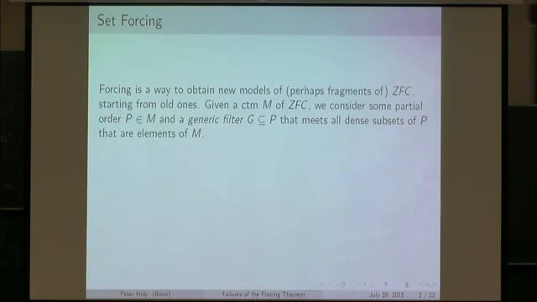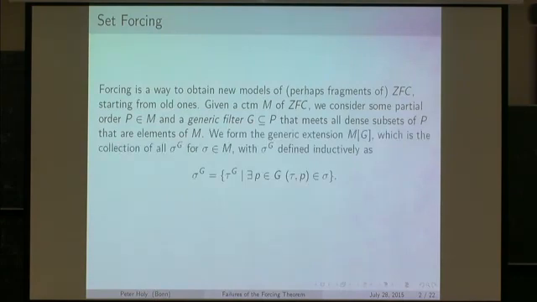And generic means that it meets all the dense subsets of the partial order which are elements of our model. And then we can form a generic extension M[G], and that we do by taking all the names sigma in M and considering the evaluations with the generic filter. And I guess you all know how that goes.